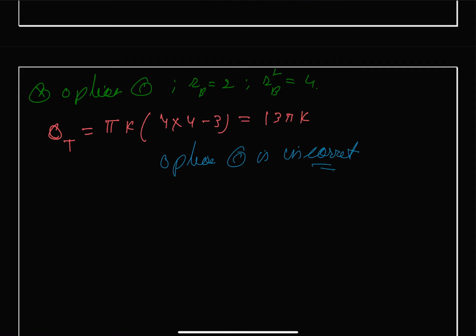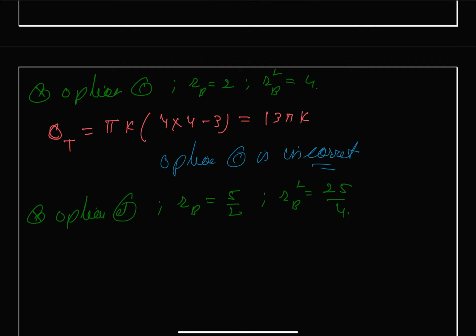Option D, our RB is 5 by 2. So our RB square is equal to 25 divided by 4.